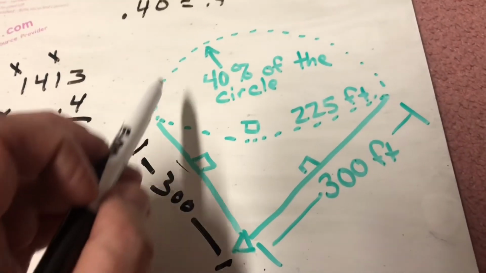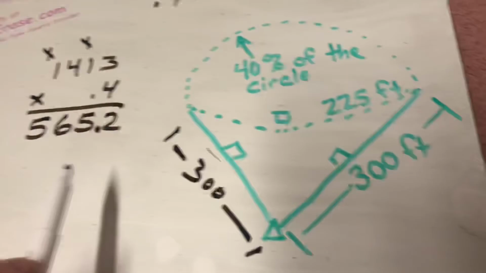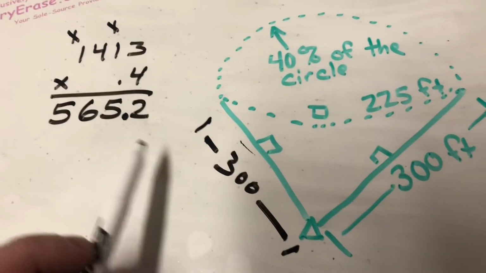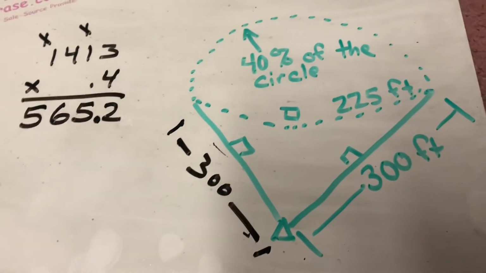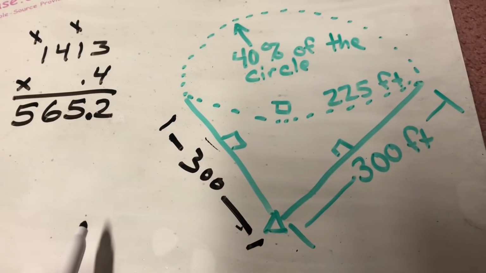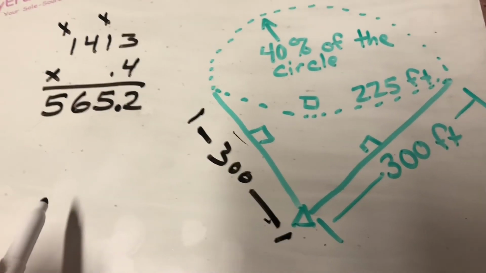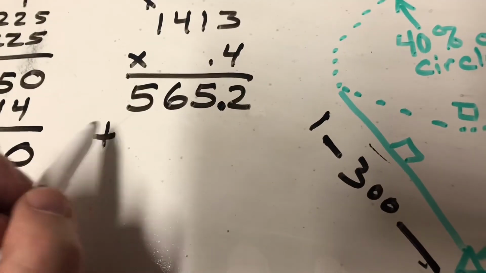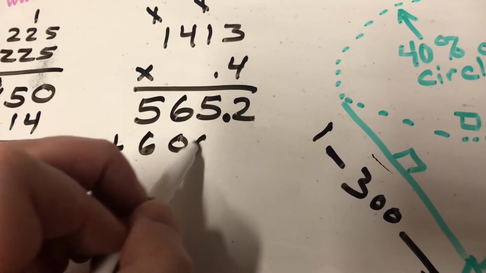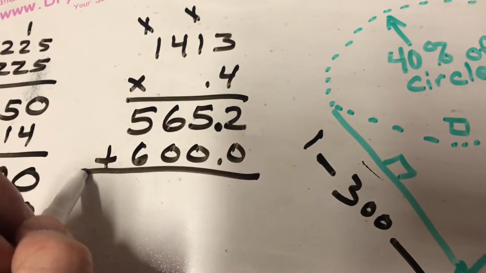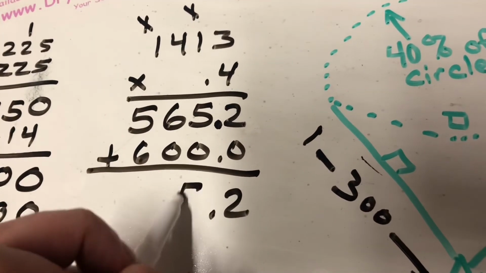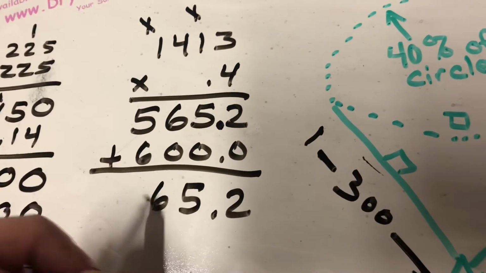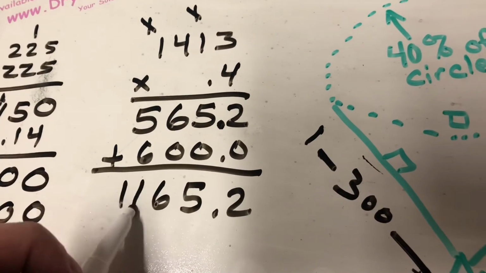So not only do I have this 40% of the circle, which is the 565.2 feet, I have the 300 feet here and the 300 feet here, which combined gives me an additional 600 feet. So I have to come in here and add an additional 600 feet. Well, 2, drop the decimal, 5, 6, and 5 plus 6 is 11.